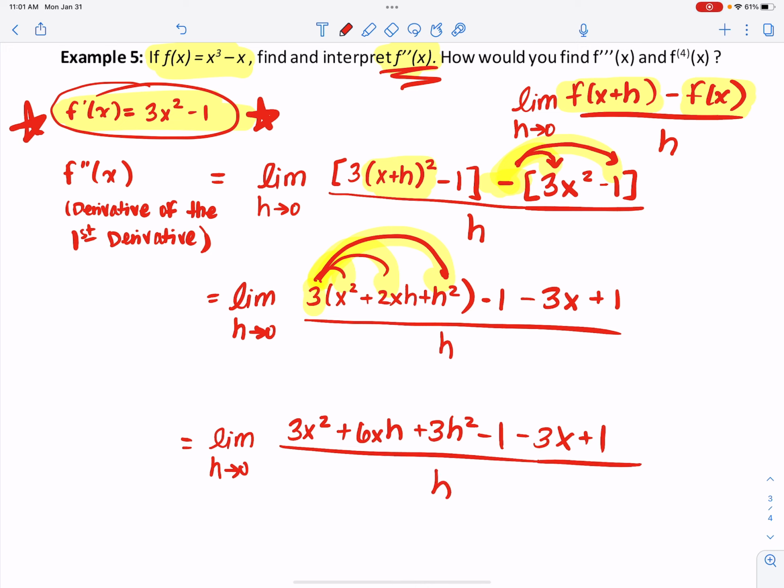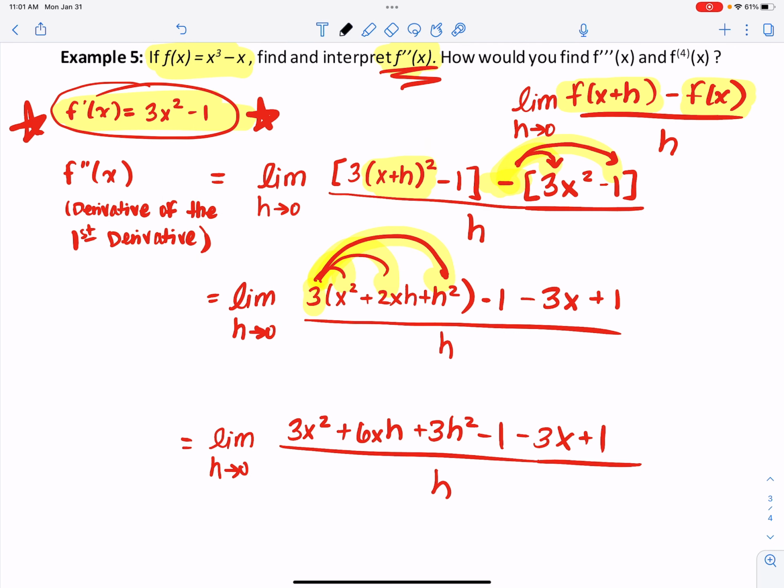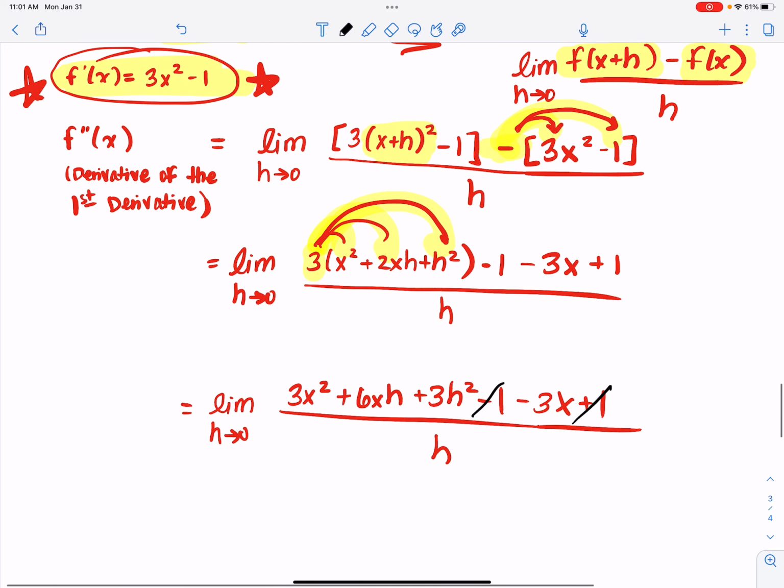And the whole thing is over h. All right, now there's going to be some terms that cancel out. Let's see what cancels out on the numerator. We have a minus 1 and a plus 1, those cancel out. Is that it? Usually more cancels out. It always makes me happy when stuff cancels out, but I think that's all.